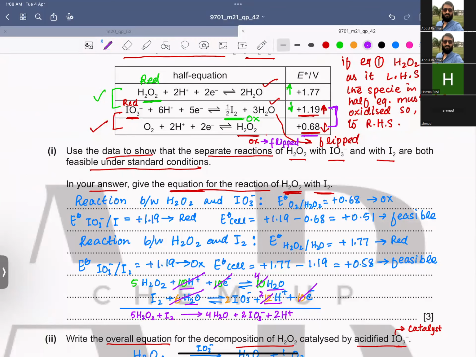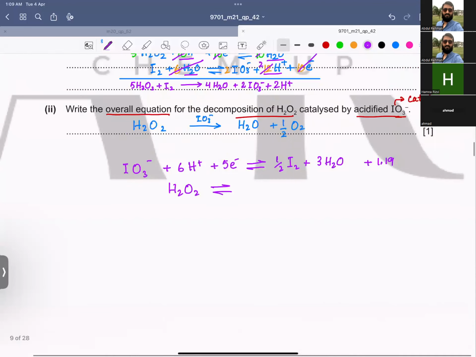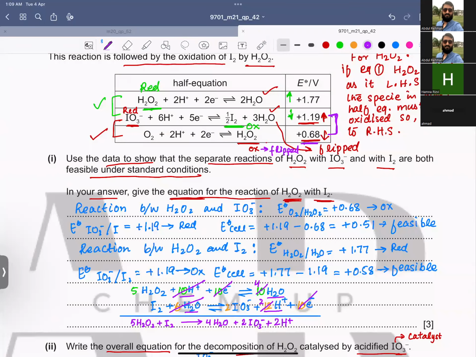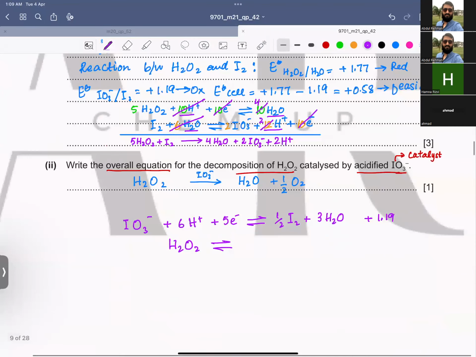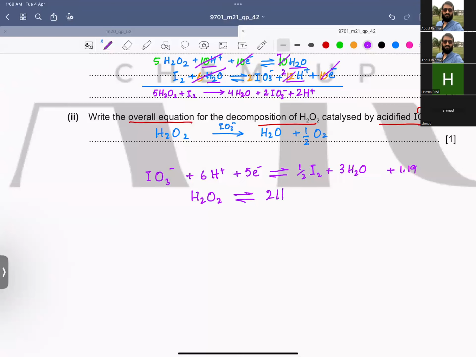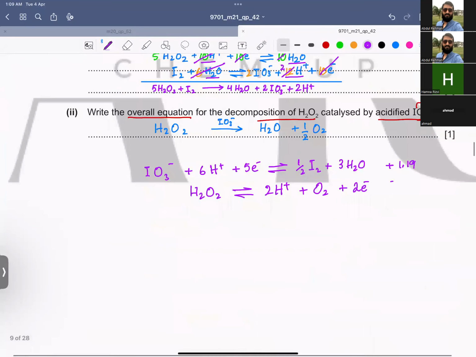So if I flip its equation, it would be H2O2 giving 2H positive plus O2 plus 2 electrons, and its value is positive 0.68. So that's why I have flipped this equation. Is this clear up to here?